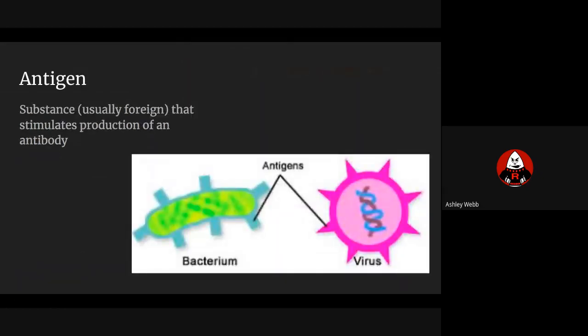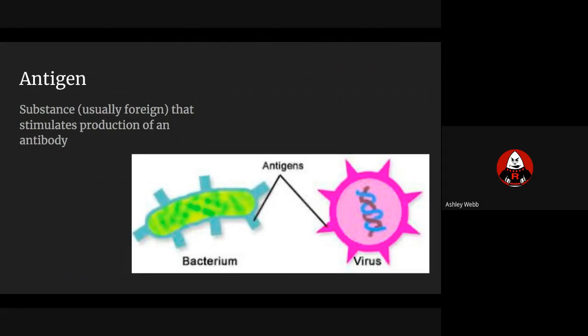The next one is antigen, and it's kind of hard with antibody. The definition of antibody had antigen in it. So hopefully you remembered antigen a little bit when we were going through there, because otherwise it's hard to define a word using a word that you don't know.